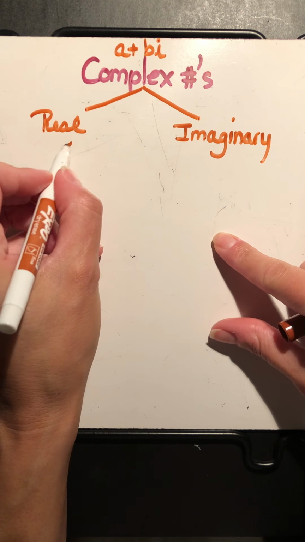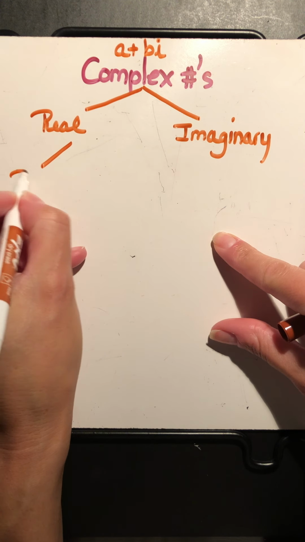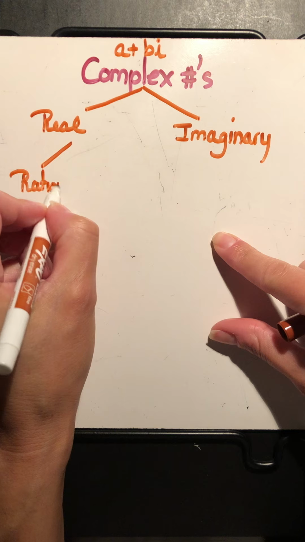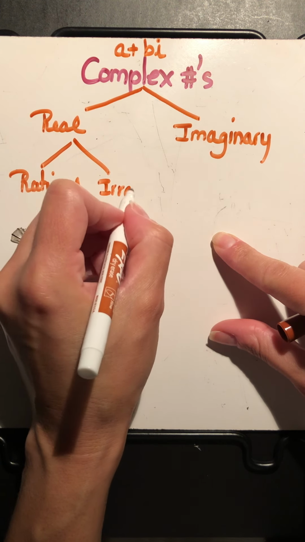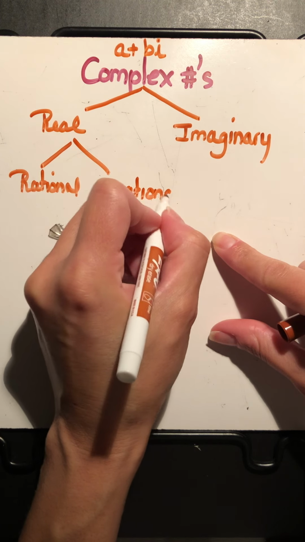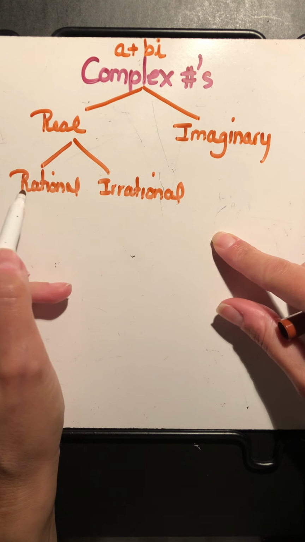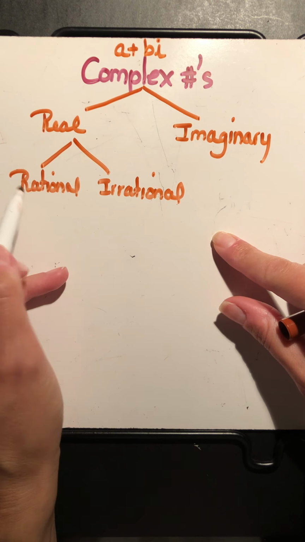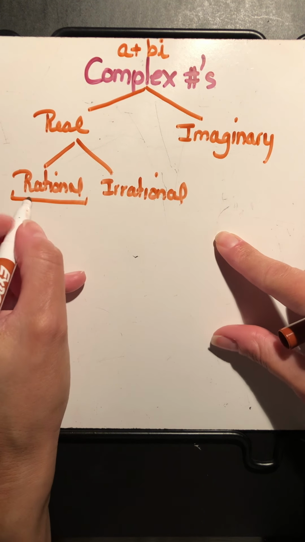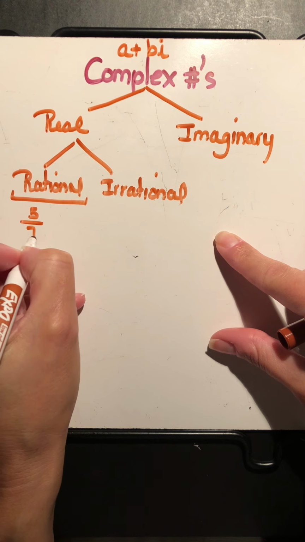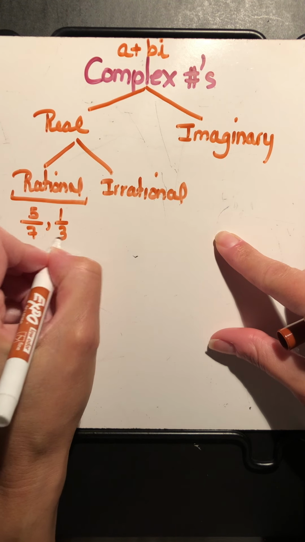Importantly, real numbers are broken into rational and irrational. And we recalled the definitions of each. Rational comes from the word ratio, so numbers like 5/7, 1/3.